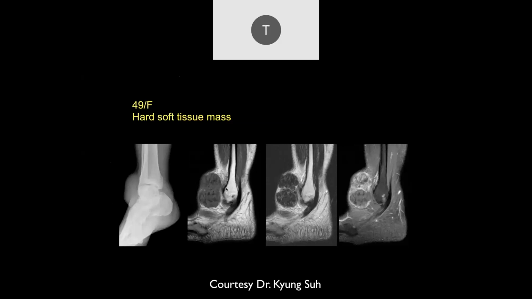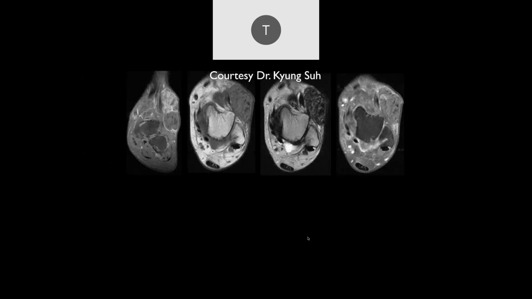On the MR, on these T1, I think T1 image on the second image, and then with contrast enhancement on the right. And T2 here. Oh, T2, okay. Yeah, pretty low signal on T1 and T2. Very minimal surrounding edema.